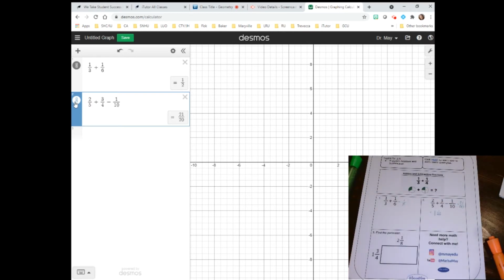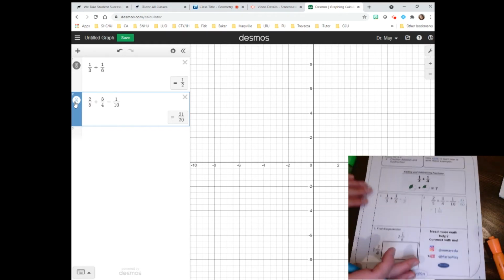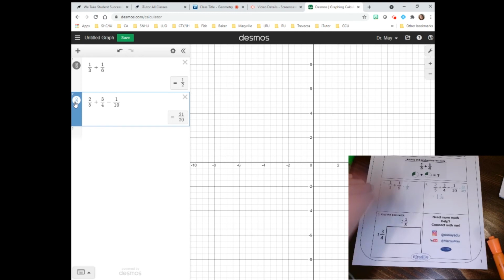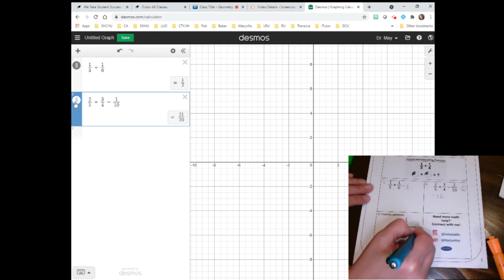All right, friends, you're doing great. I hope you're loving this Desmos graphing calculator. Let's take a look at one more problem, and it's kind of a geometry problem, but it deals with the perimeter. So remember, the perimeter is the distance all the way around, and this is a rectangle. So I know that this is 1 3/4, but I also know that this is 1 3/4.